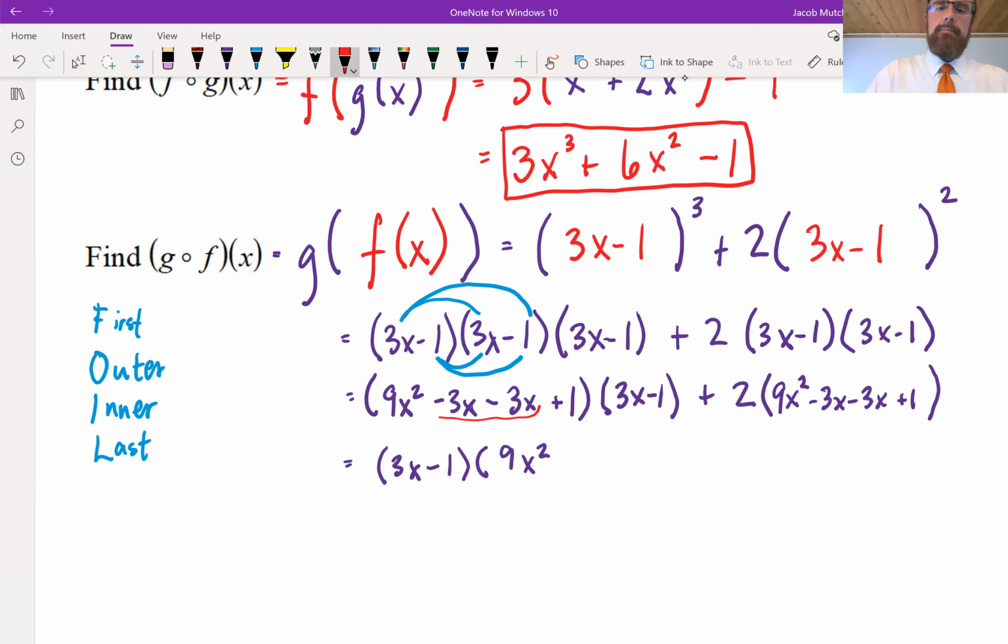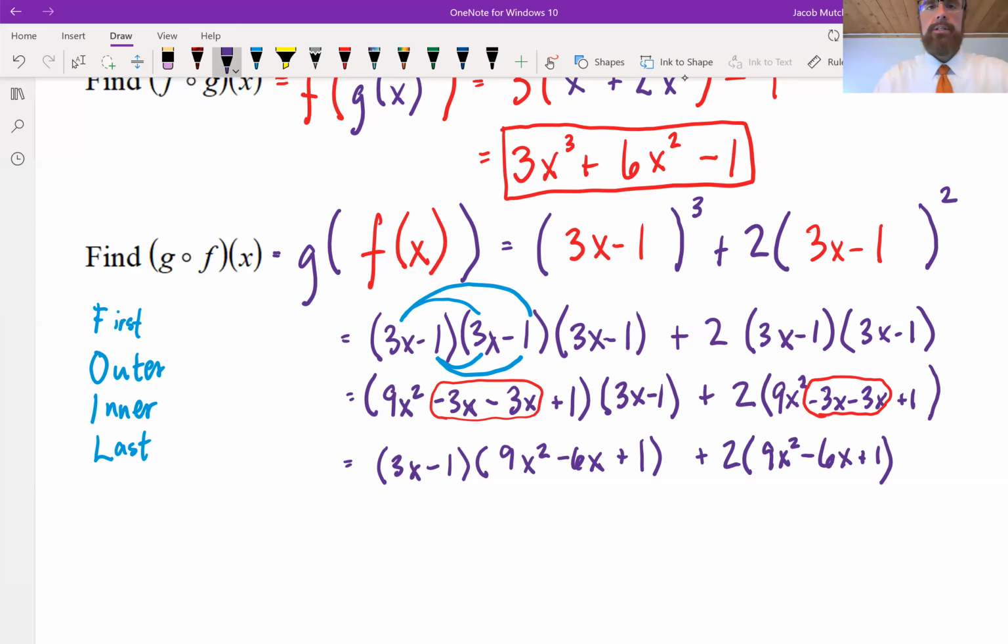Notice I can combine these inner and outer terms. They're the same like terms, same over here. So negative 3x minus 3x, that's going to give us minus 6x plus 1. So I will write that here as well. 9x squared minus 6x plus 1. So now I'm ready to finalize the second round of distribution.